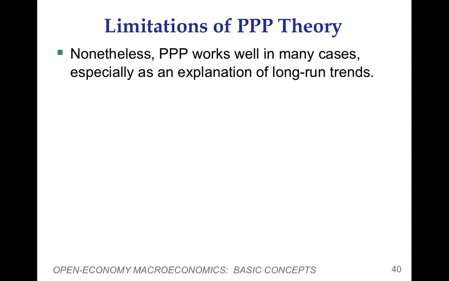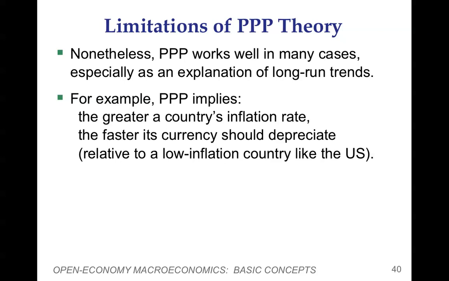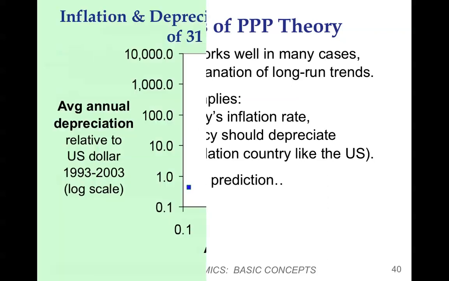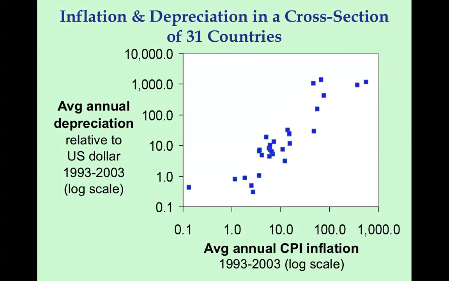PPP works well in many cases as an explanation of long-run trends. PPP implies that the greater a country's inflation rate, the faster its currency should depreciate relative to a low-inflation country like the US. The data support this prediction, and here we have inflation and depreciation in a cross-section of 31 countries. Japan has low inflation and low depreciation of its currency.